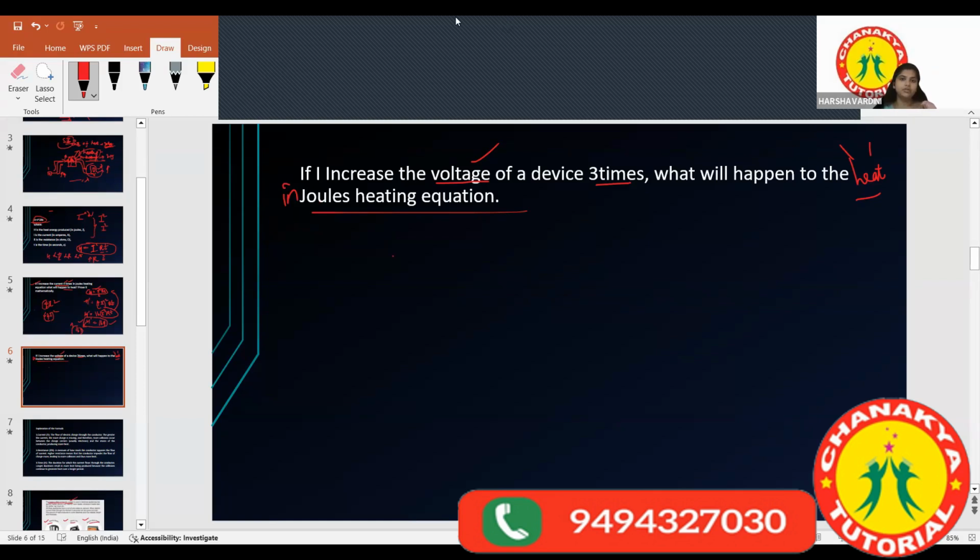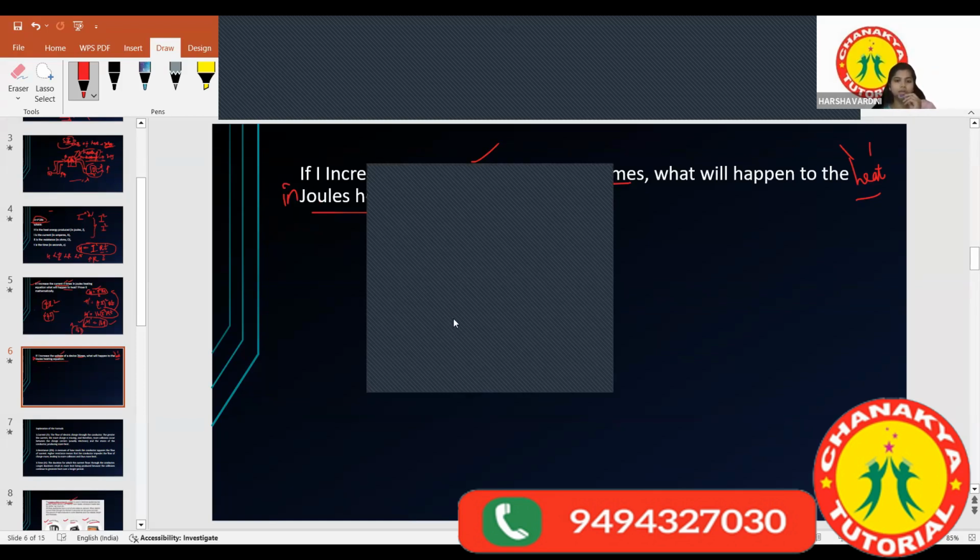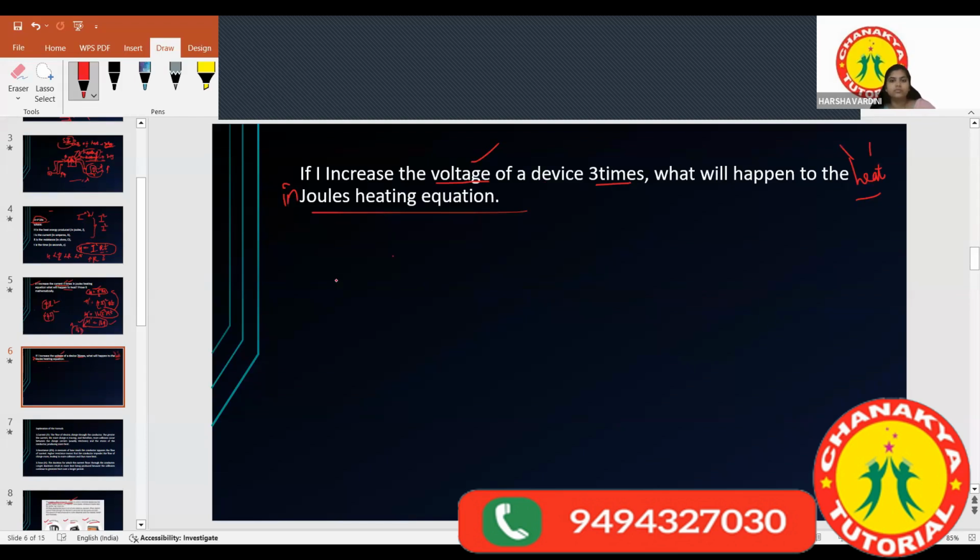Everybody should start solving: Adrit Rao, Advika, Aishwarya, Ashwan, Chakrika, everyone should solve now. Joule's law of heating equation is H is equal to I square R T.